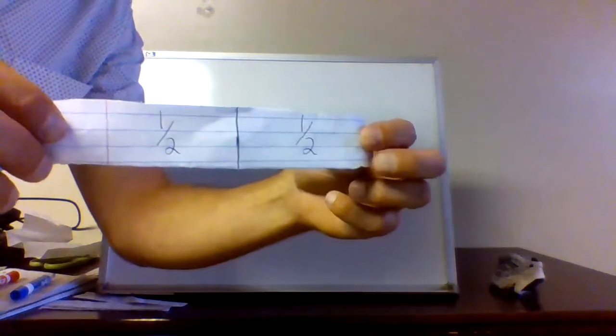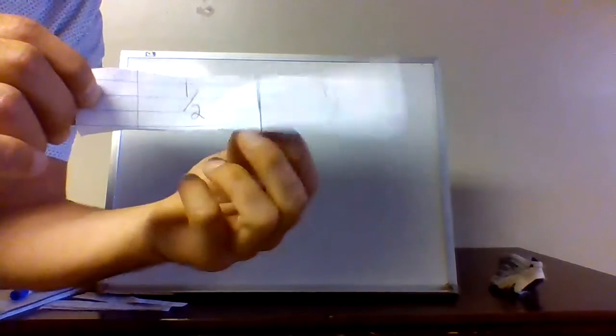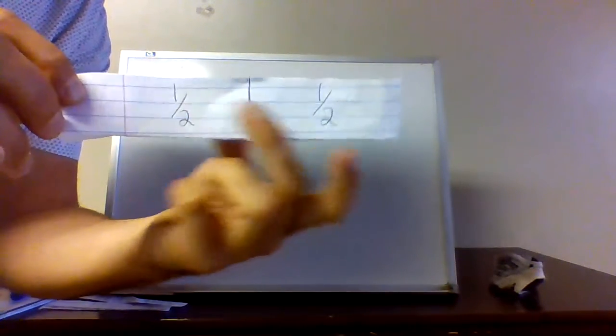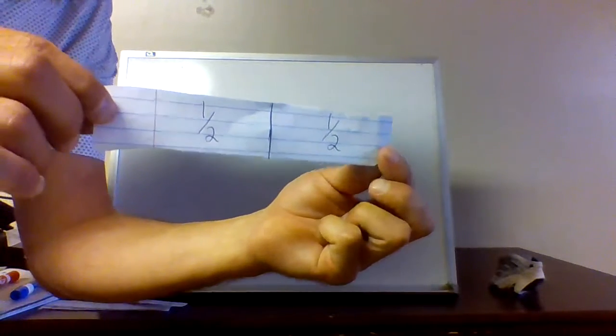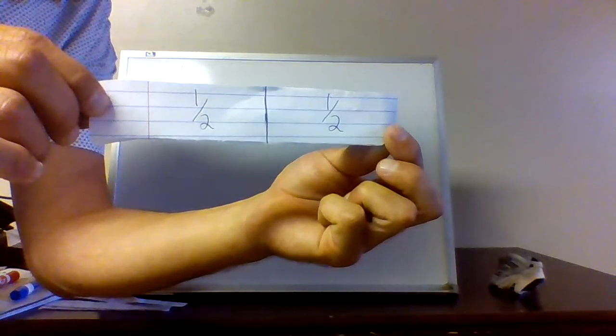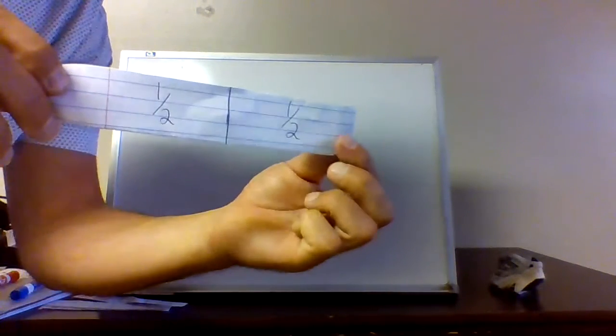Now what we're going to do with these, and I'll let you have some fun with this, is we're going to label these just as I did with this one. And we're going to divide these strips as our figures into unit fractions. So you can see the first one I did was 2 units. So I have 1 unit and another 1 unit to make our 2.